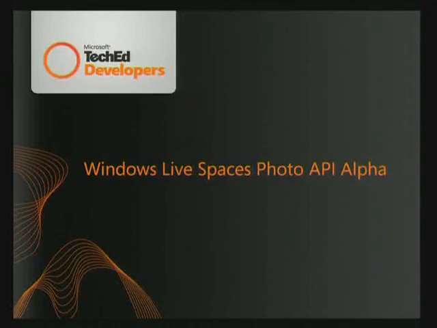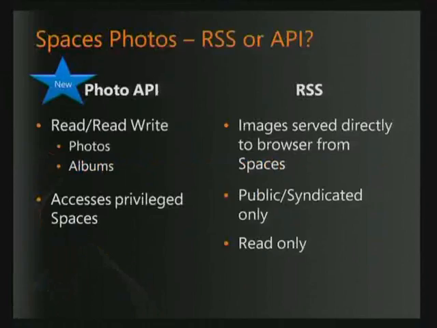So what we've done with photos is we've always had pseudo APIs into the photo store within Windows Live Spaces. So this isn't the first API we've ever released. We've always had RSS feeds to list all of the albums, and they list the photos that exist within those albums. So I'm not telling you this is something new.